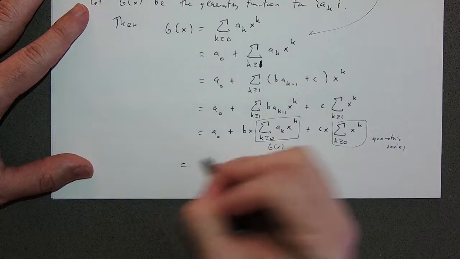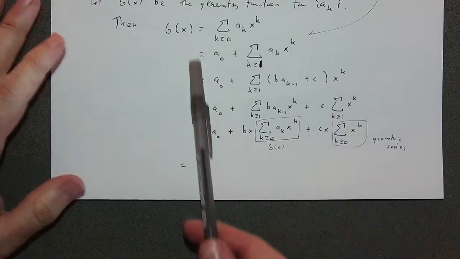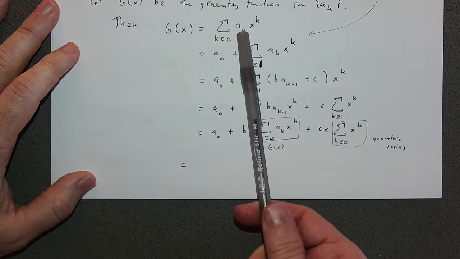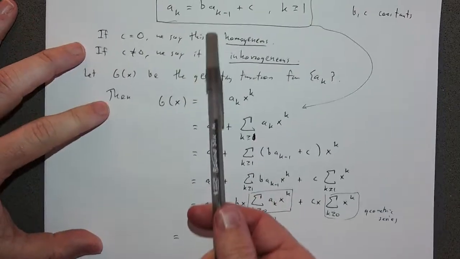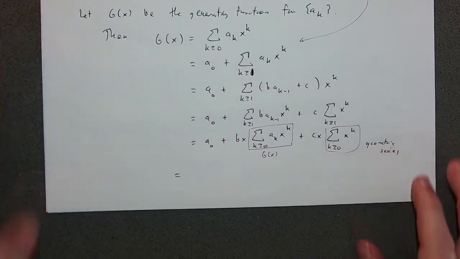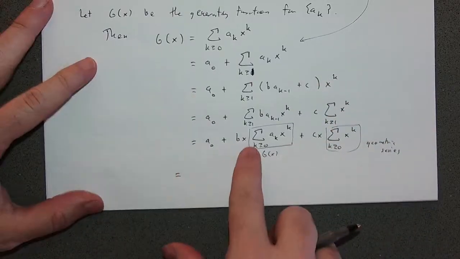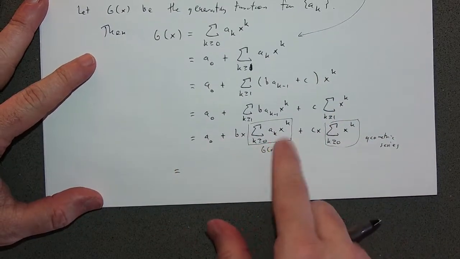So what we are getting out of this is that the generating function, when these a sub k's satisfy some kind of recurrence relation, satisfies a relation that depends on an expression involving itself.